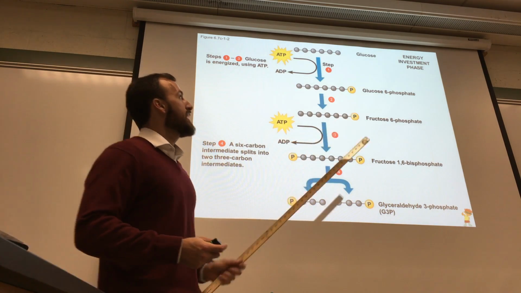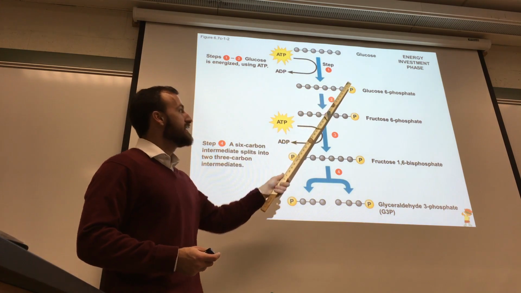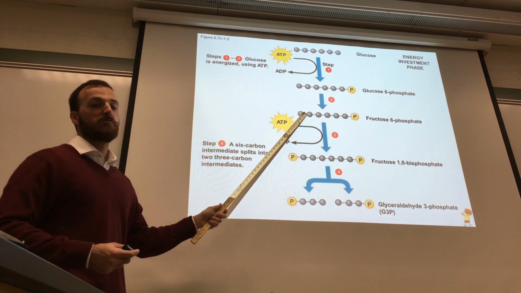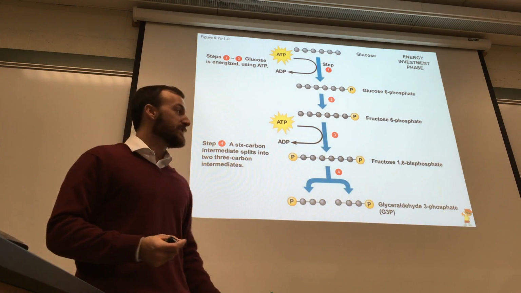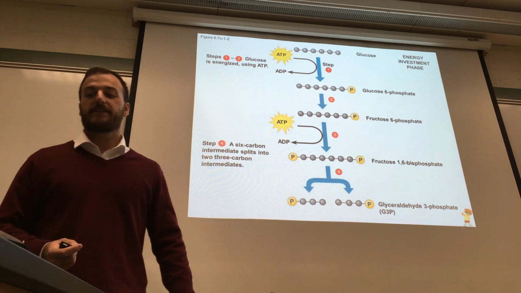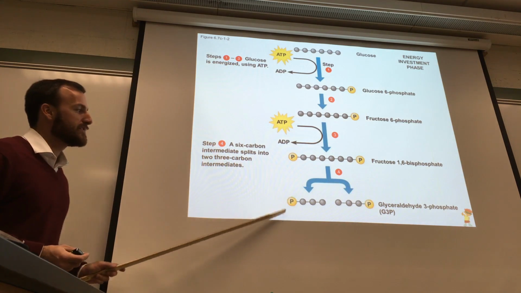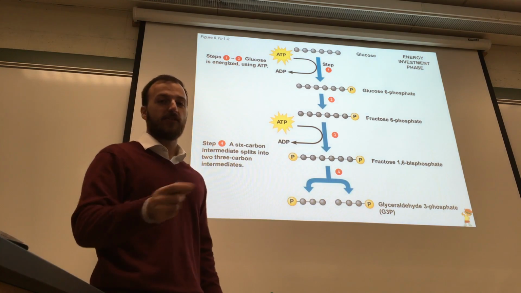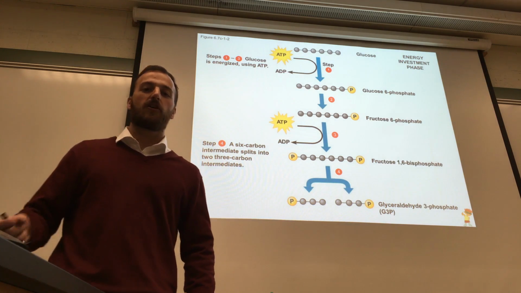The difference in step 1 between glucose and glucose 6-phosphate is just the addition of this P here. And the difference between fructose 6-phosphate and fructose 1,6-bisphosphate is these 2 phosphates here at the end. As the last step here, we have the splitting of our 6-carbon chain into 2 phosphorylated 3-carbon chains.